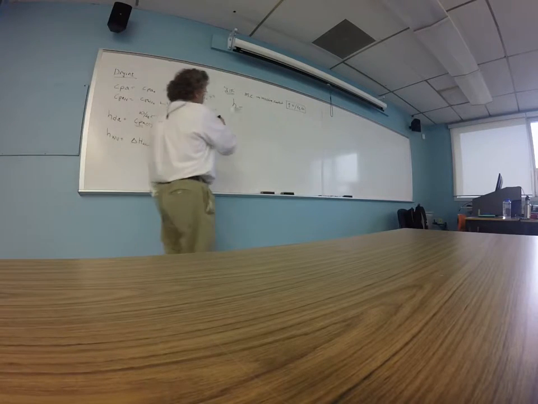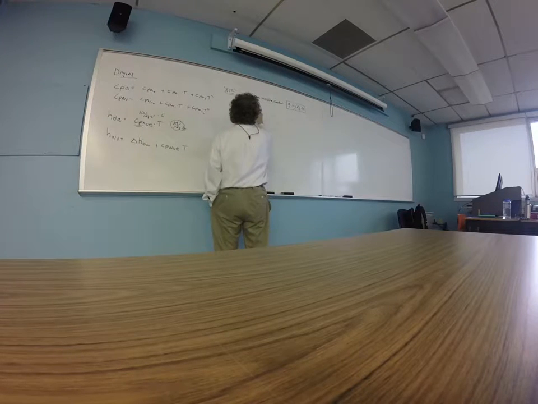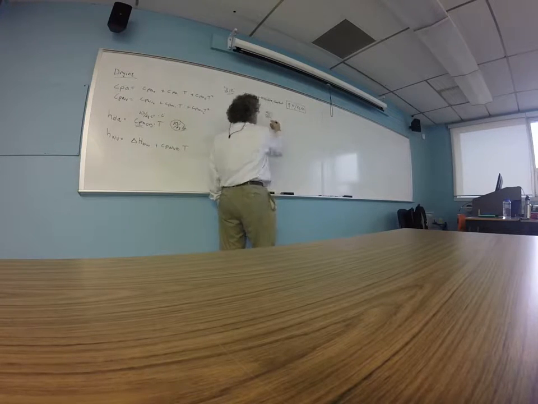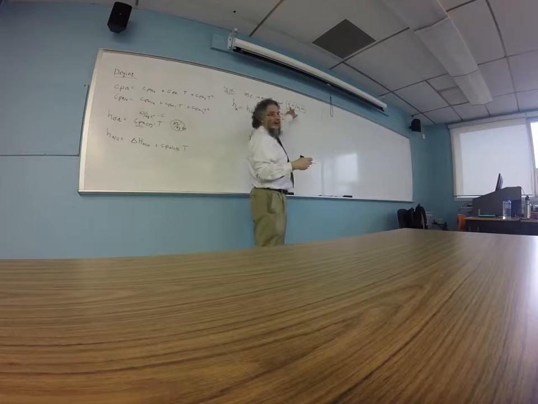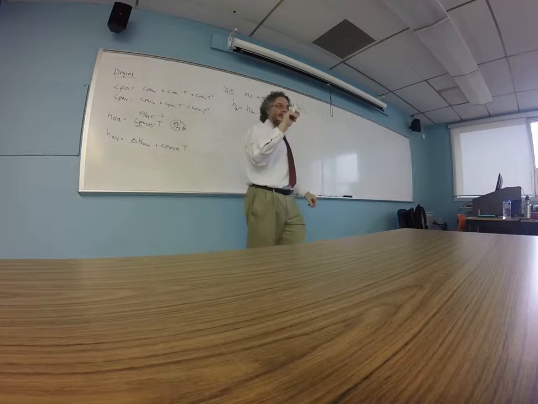So we can write this as the enthalpy of the dry air plus the moisture content divided by 1,000. This division by 1,000 converts these grams into kilograms, right? Remember, you have to be careful, no? Why do I divide by 1,000?